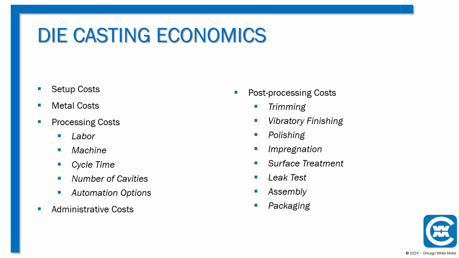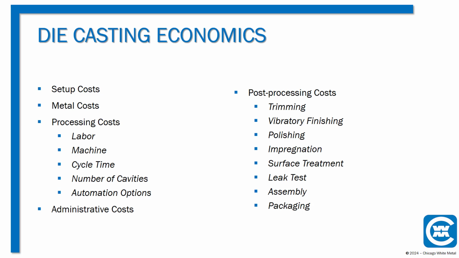So from an economic standpoint, what are all the factors that go into the pricing for a die casting? Some of these are fairly self-apparent, others may not be. Setup costs, obviously the raw material costs, we'll look at that here in a second. What it takes to actually process the die casting, your labor rates, machine rates, how fast you are cycling the part? High pressure die castings cycle very fast, especially compared to the other types of casting processes.